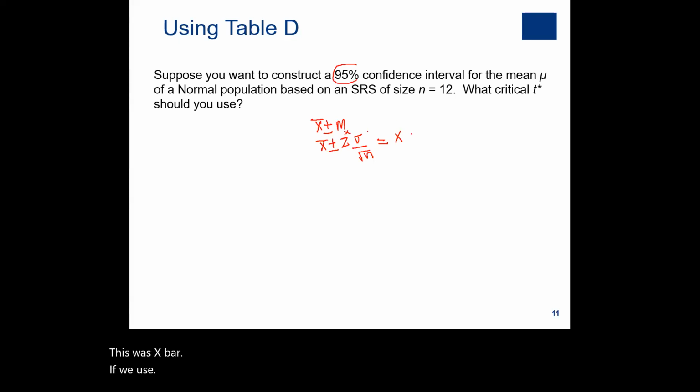For a 95% confidence interval, Z is 1.96, multiplied by sigma. Sigma is known, so we have the value of sigma. We divide this by the square root of n, which is 12.